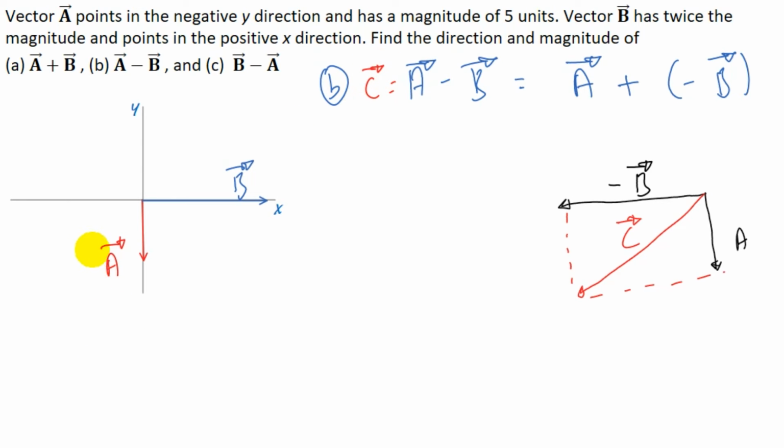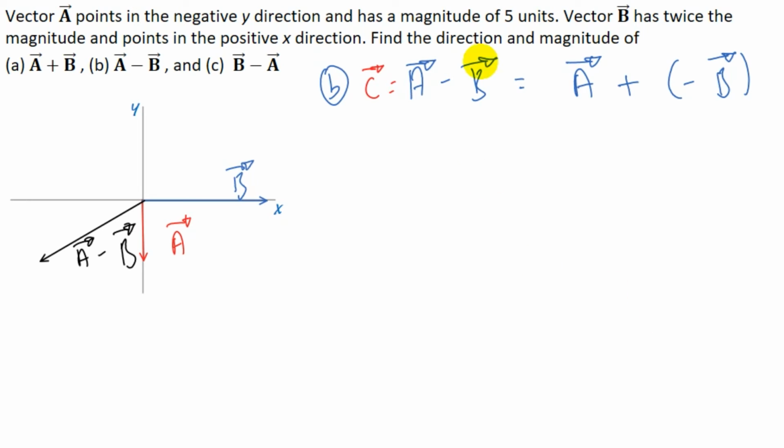Now we can represent it here also. This is vector A minus vector B. Now we have shown it graphically, and we're going to find its magnitude and direction. In this part, let's try to solve the B part by using unit vectors that we discussed earlier.